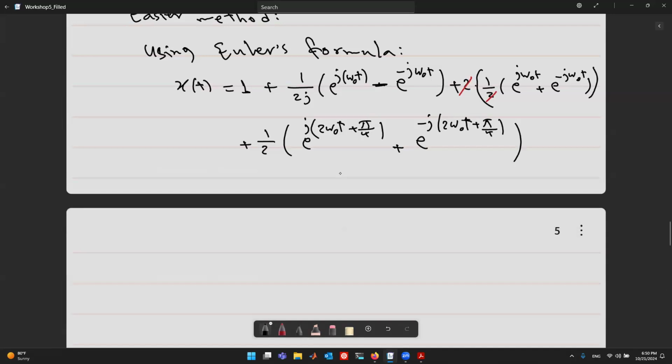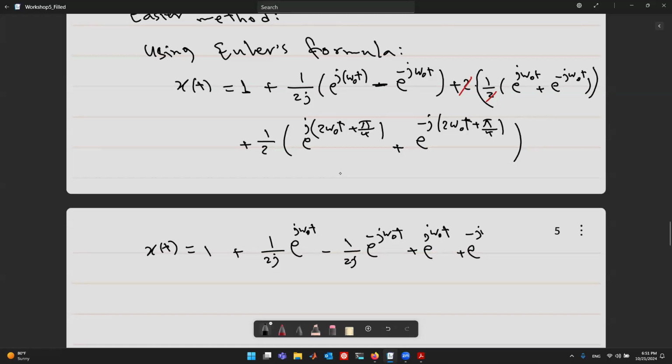Now, let's try to simplify things. We have 1 plus 1 over 2j e to the j omega naught t minus 1 over 2j e to the minus j omega naught t plus e to the j omega naught t plus e to the minus j omega naught t.